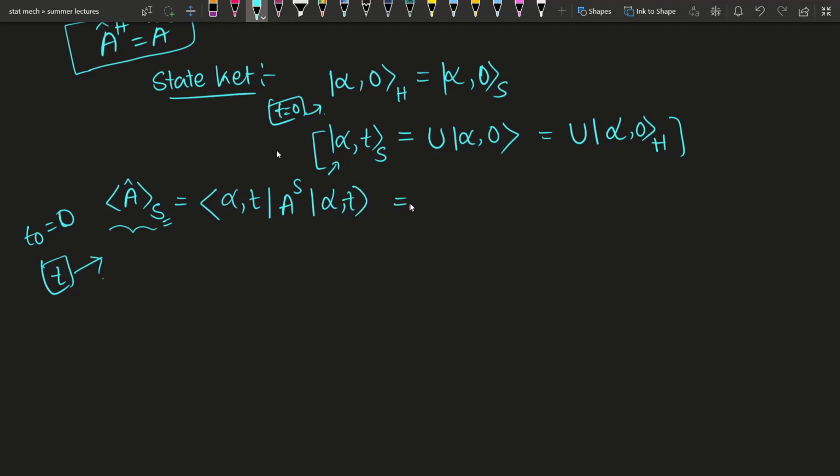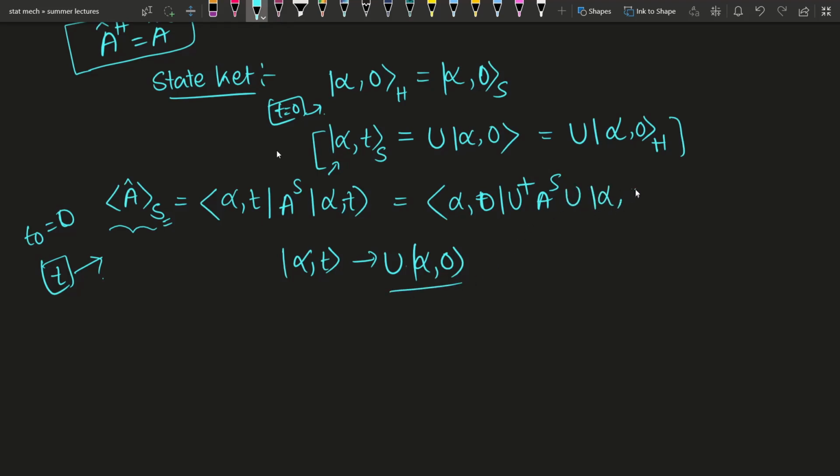As we know, this becomes U into alpha at t equals 0 in the Schrodinger picture. So I can write alpha comma 0, and then U dagger for the bra vector, then A_S, and then U, and then alpha, 0, right.